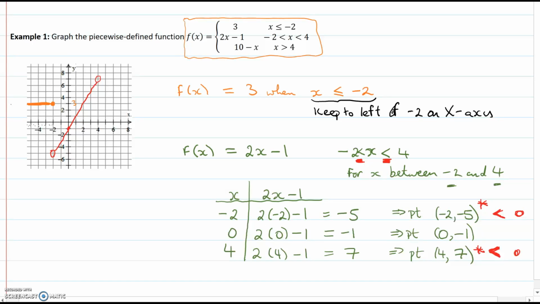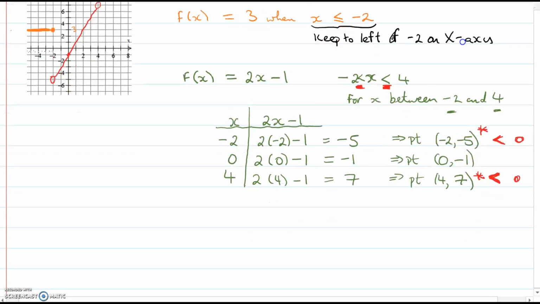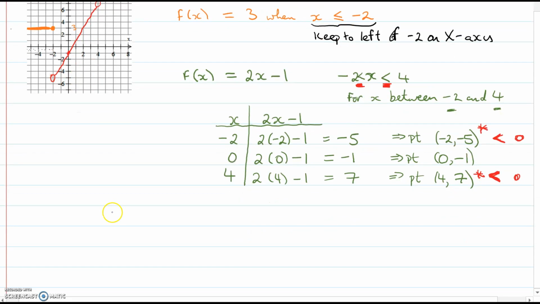of this says that when x is greater than 4, the function's value is equal to 10 minus x. Okay, so this is the last part: f of x is equal to 10 minus x when x is greater than 4.